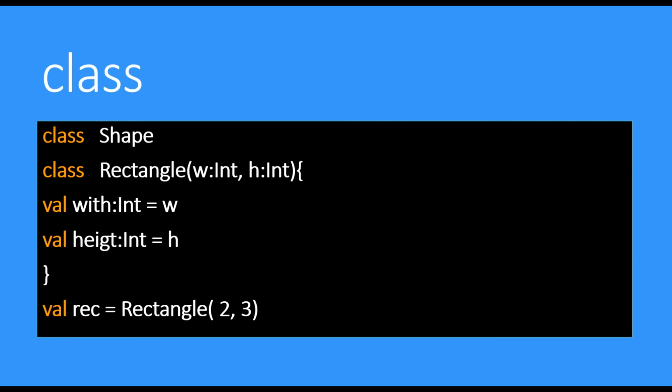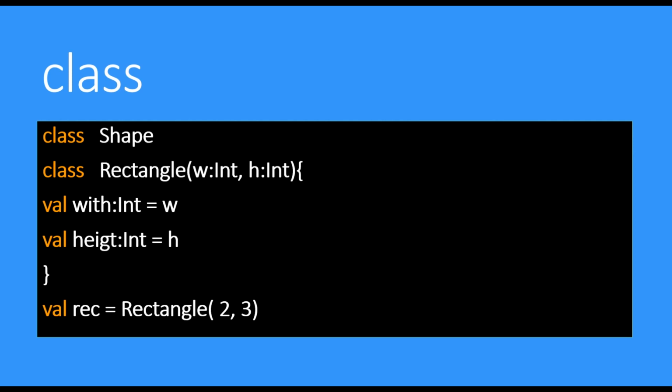We talk about constructors in the next video, but for now it's enough to know that this is the primary constructor. And then we have values here, and here is how you declare. There is no need for the keyword new like in Java and many other languages. You just directly put the name of the class and then initialize it.